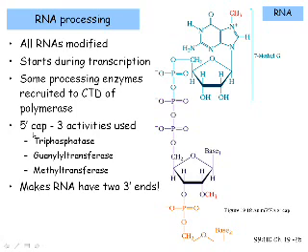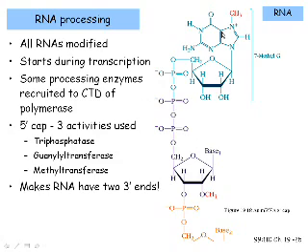And to modify the original 5' end into the kind that it has to be to be functional as a messenger RNA in eukaryotes, 3 different things have to happen. It's going to trim off part of the phosphate tail.